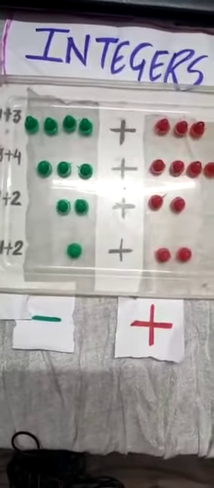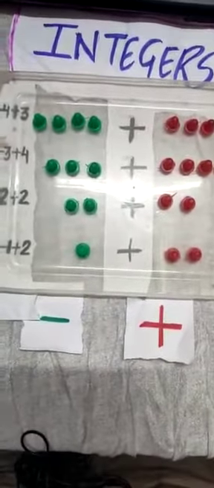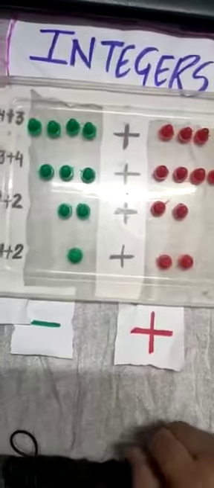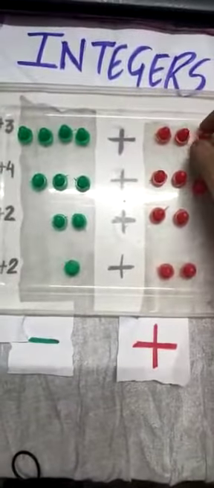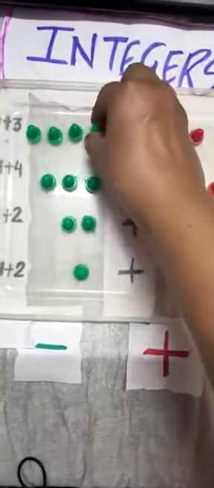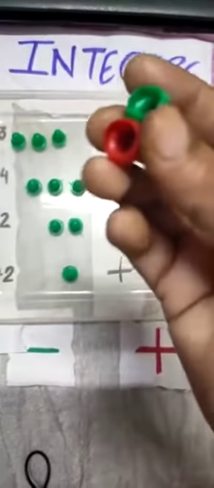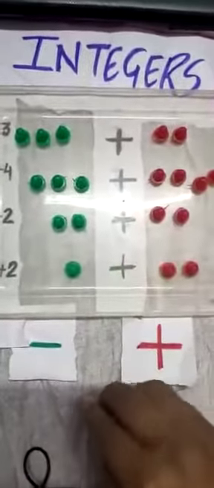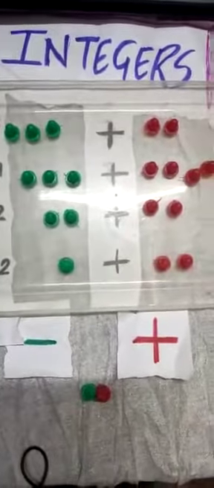What will you do if you have to add one positive and one negative integer? One negative and one positive bead make 0, so we will take them out.